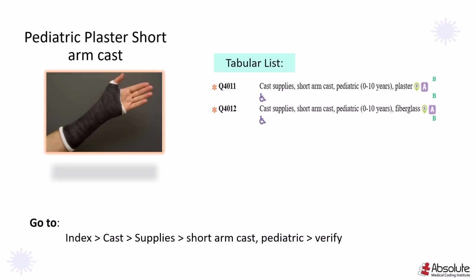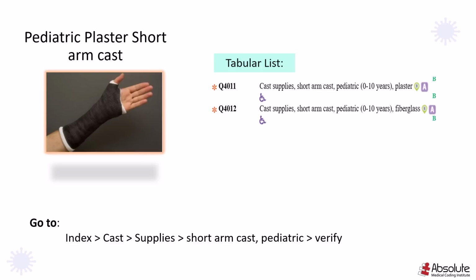And you can go to your index, search for cast. Under it, you can look at supplies, short arm cast, pediatric, and that would lead you to two codes, Q4011 and Q4012. So you have to go and verify the correct answer from the tabular list.